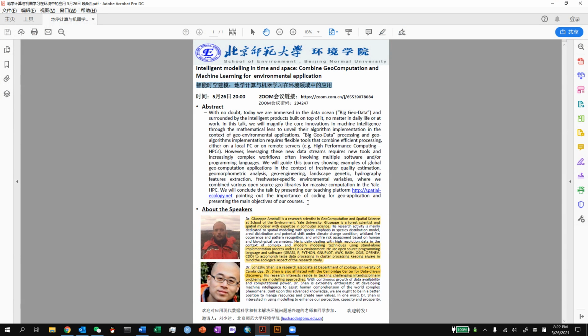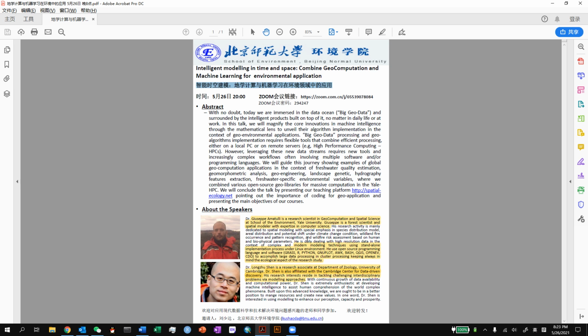Giuseppe Amatulli is a research scientist in geocomputation and spatial science at the School of the Environment, Yale University. He is also a forest scientist and spatial modeler with expertise in computer science. He deals with high resolution data on a daily basis, in the context of complex modeling, using standalone implementation processes under a Linux environment.